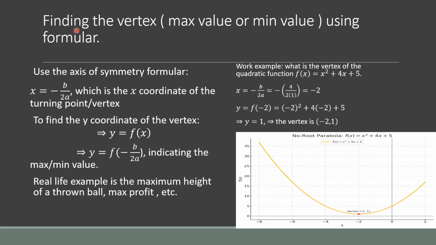Now, let's move to the next section of finding the vertex, that is the maximum value or the minimum value, using the formula. This time, you are not going to use a graph to find the vertex, the maximum value or the minimum value. Note, the maximum value is the value of y that is the greatest. That is, you only get the maximum value when the quadratic function is maximum.